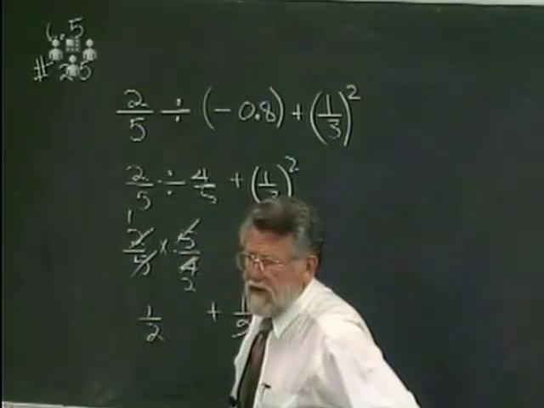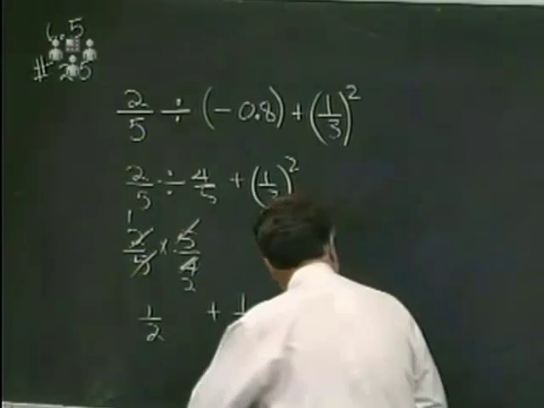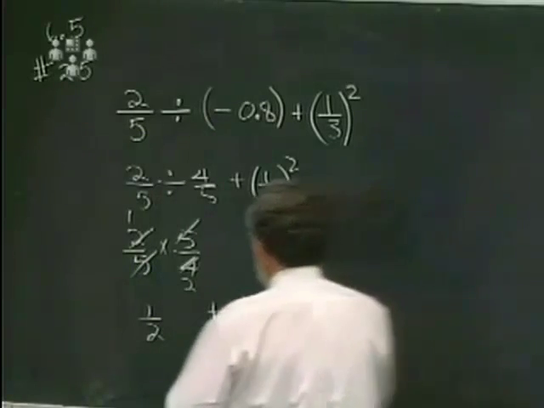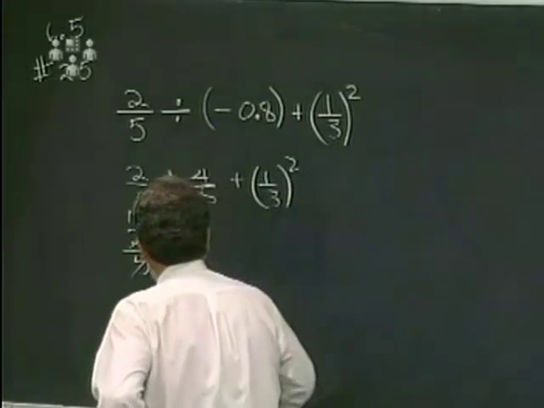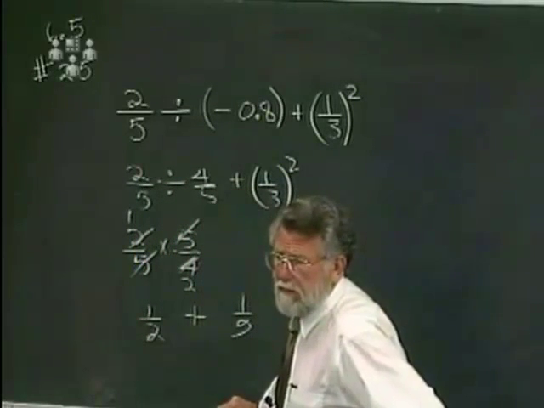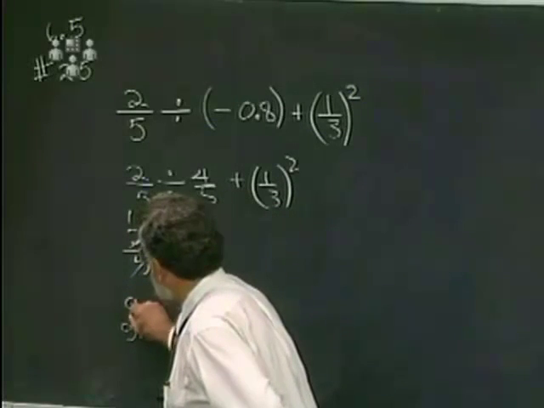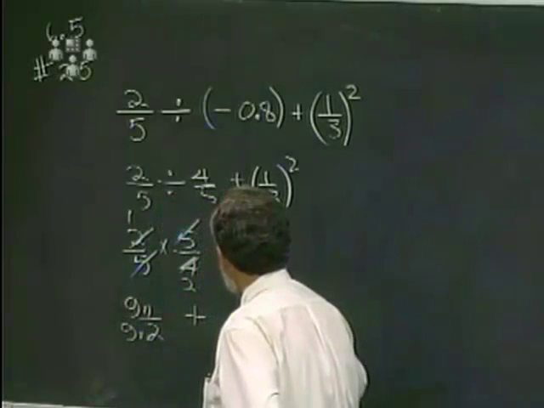And I think it lends itself very nicely to the solution because my LCD is 18, because they're relatively prime. So I'll multiply here by 9, and I'll multiply here by 2.